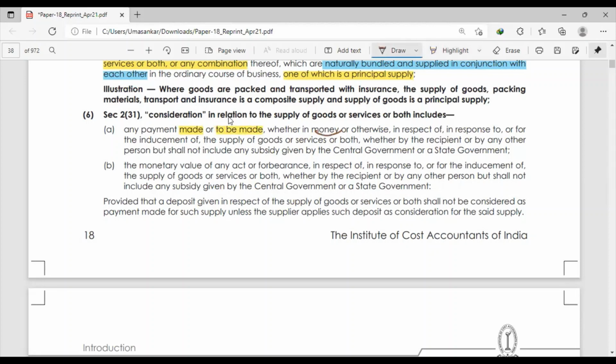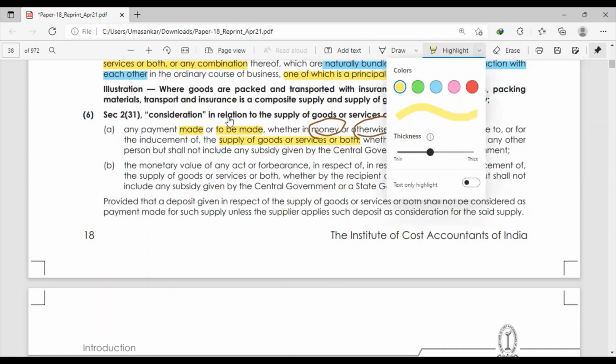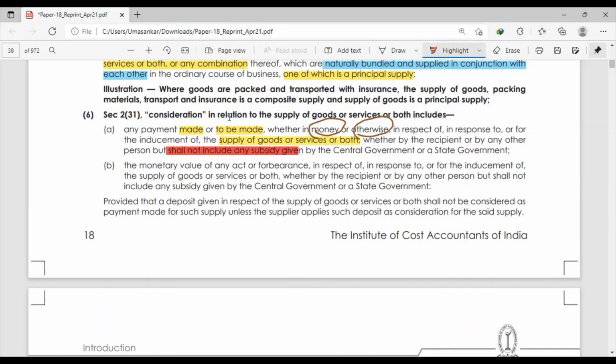You will pay in money or otherwise, meaning any other mode, in response to or for inducement of the supply of goods or services or both, whether by the recipient or by any other person, but shall not include any subsidy given by the central government or state government.